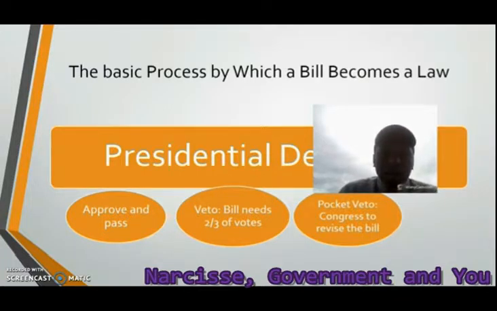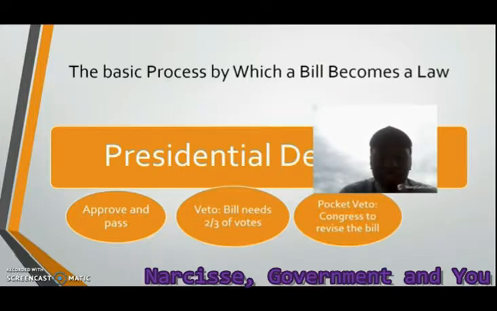Also, they vote on whether that bill could become a law before they send it to the president to approve. When the bill is submitted to the president, there are different things involved. Either the president approves and that bill becomes a law, or the president does not approve that bill, then he sends it to the Congress to restudy again.